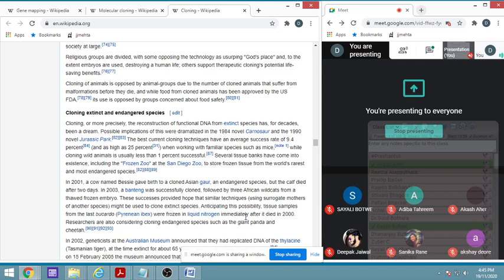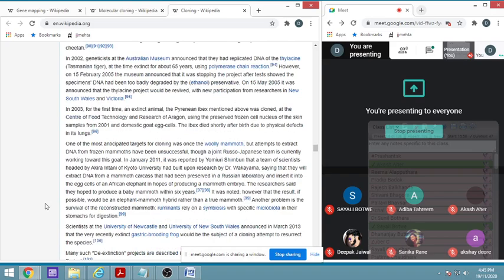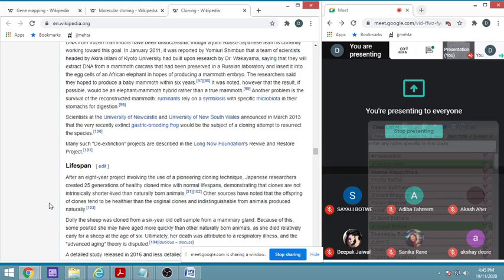Cloning extinct and endangered species. Just now I told you about dinosaurs and the movie Jurassic Park. If you go through this article, you will find it, and those who are interested can see that movie also. There are many versions of Jurassic Park. There are many species that become extinct.